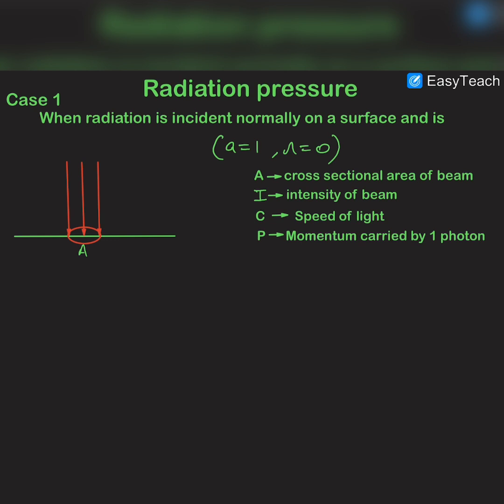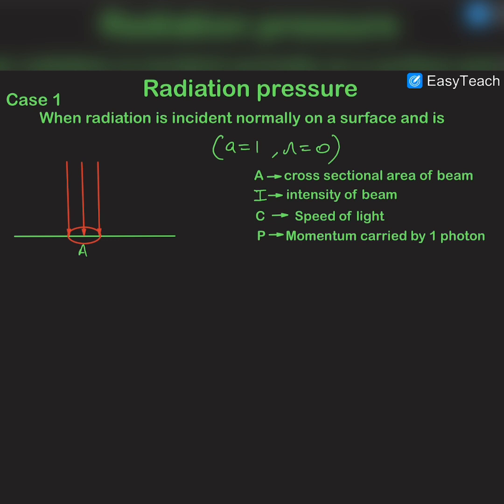Now there are some symbols which we will be using. Let us define those symbols first. A is the area of cross section of this beam, and we assume that this beam is a cylindrical beam like a laser beam. I is the intensity of the beam, C is the speed of light, and p is the momentum carried by any one photon.